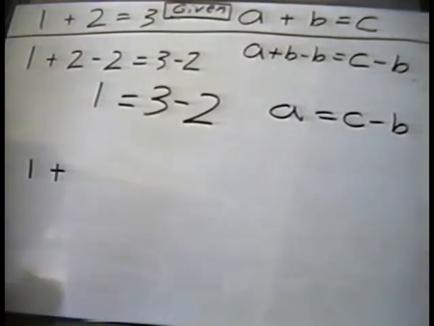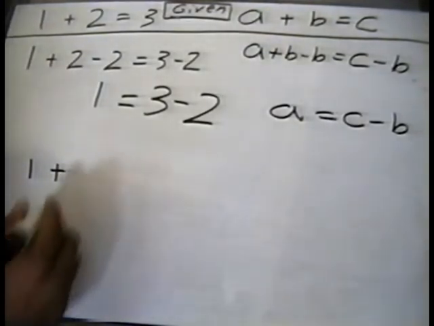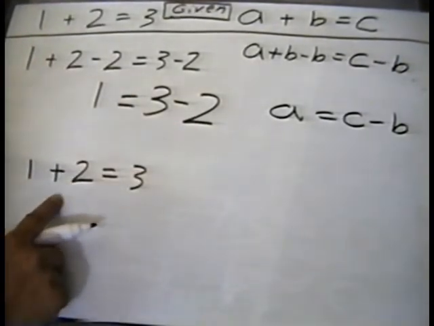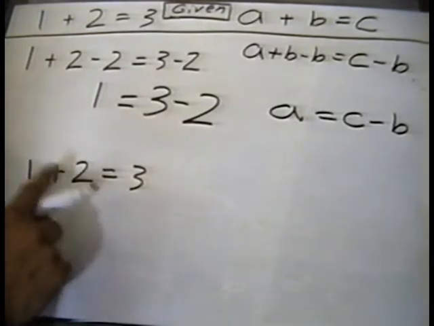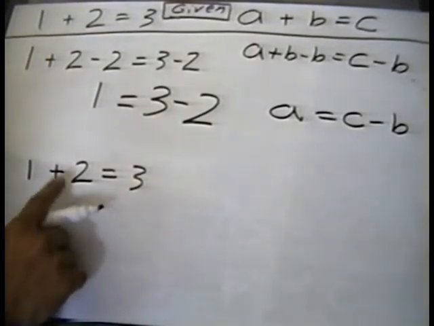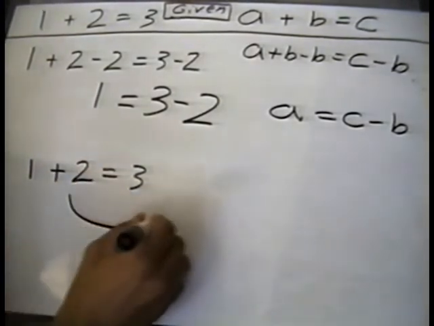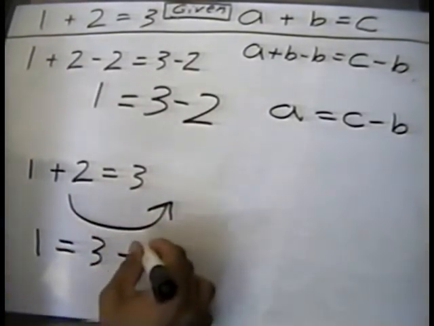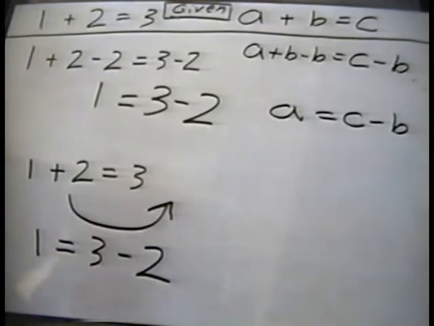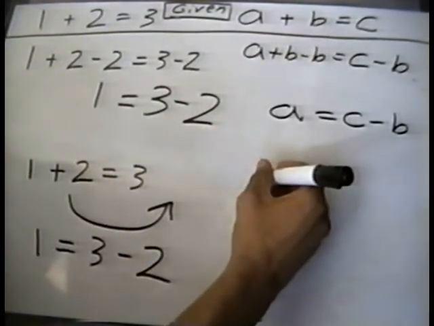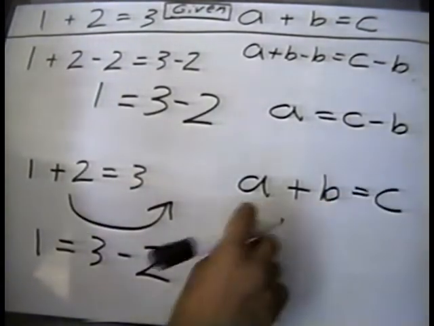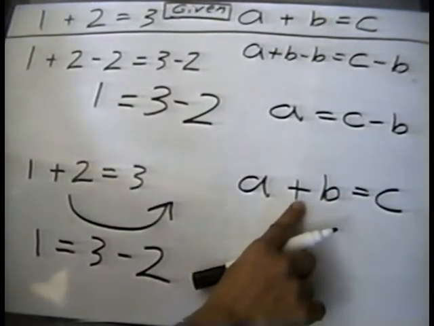And then from what we're given, we rearrange each formula to find out how each term relates to each other within that relationship. Here we have 1 plus 2 equals 3. On the left side of the equation, 2 is positive, so we move it to the right side of the equation, it becomes negative.